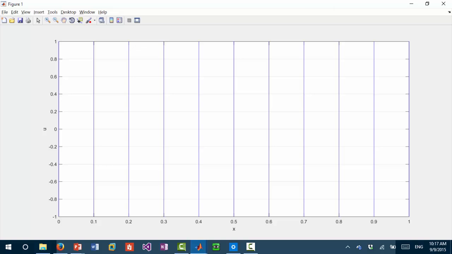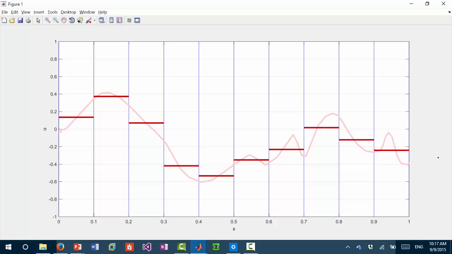Just to get a different feeling of how different methods discretize these functions. All right, good. So this is finite volume.